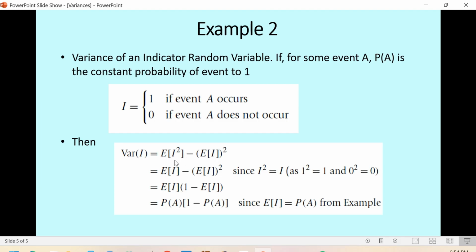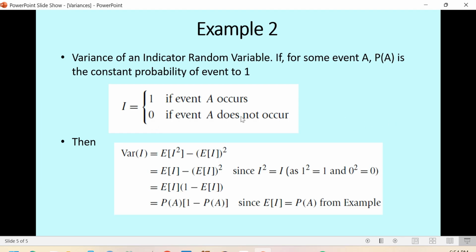So the expectation of I squared will be the same as the expectation of I, because I squared equals I in this case. So we can write E[I] minus (E[I]) squared. Then we can take E[I] out and multiply by 1 minus E[I]. E[I] is the expectation of this number, and it equals 1 times P(A) plus 0 times (1 minus P(A)).